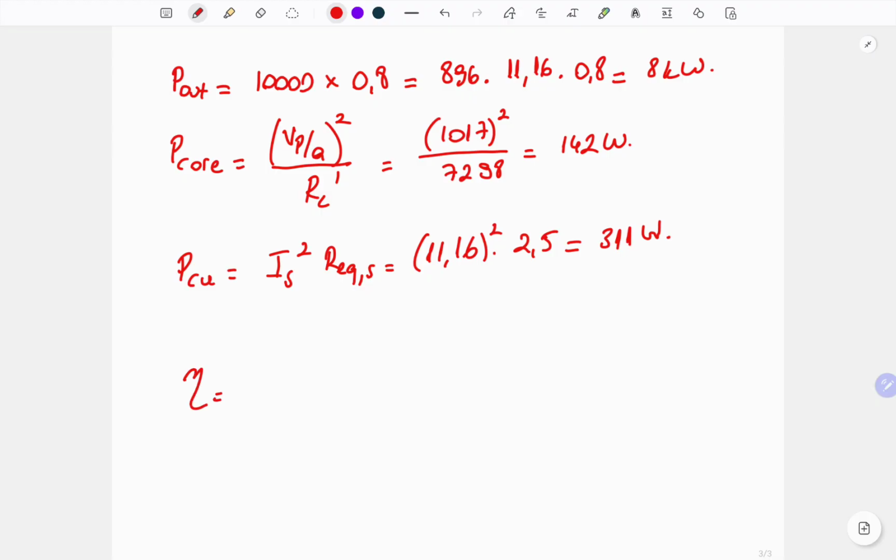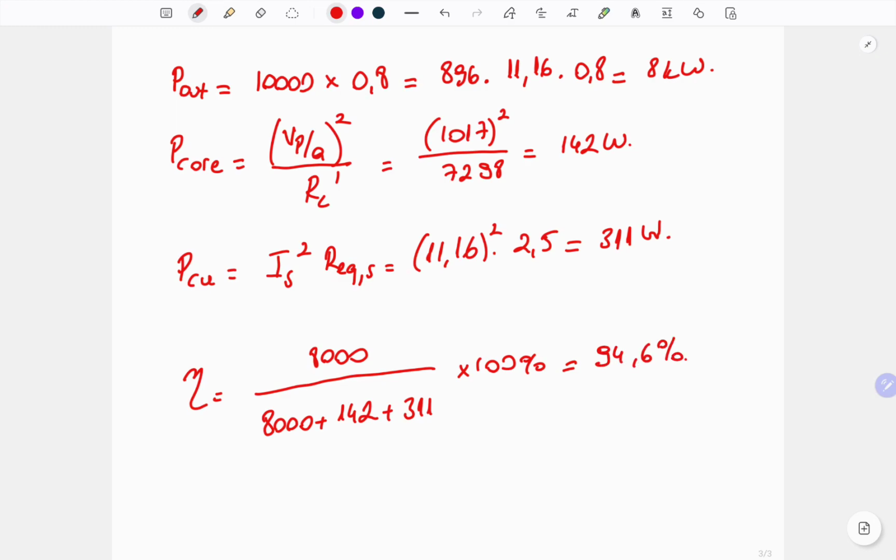And finally, the efficiency can be calculated. So the general efficiency equation we will follow: output power divided by output power and the losses for the system. So from here, we can find the efficiency of this transformer as 94.6%. Thank you for watching.